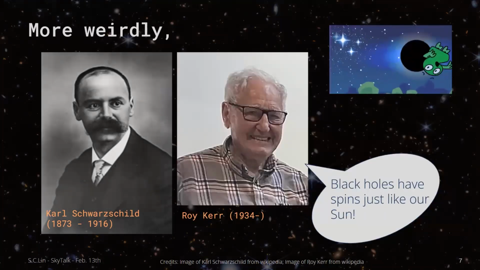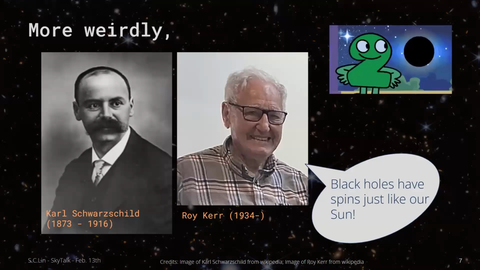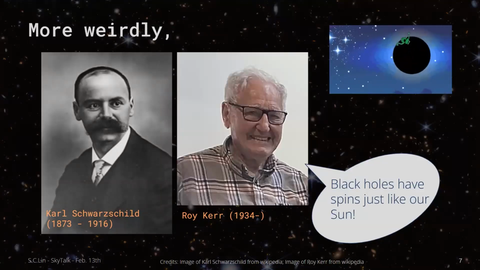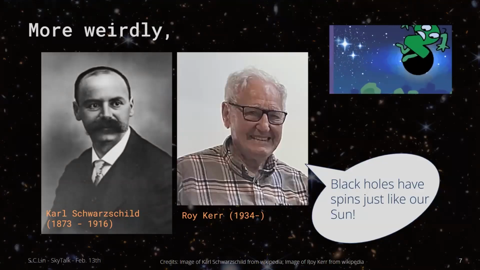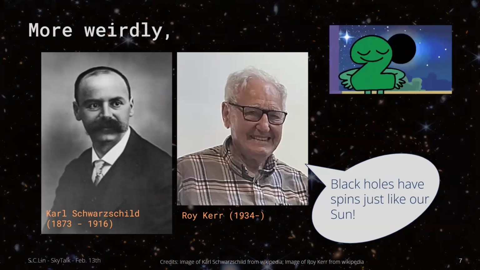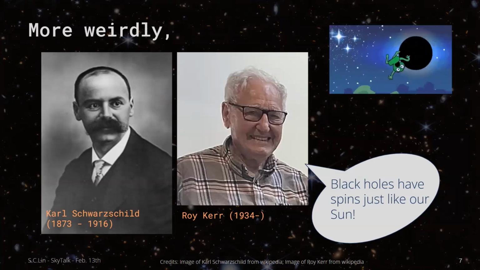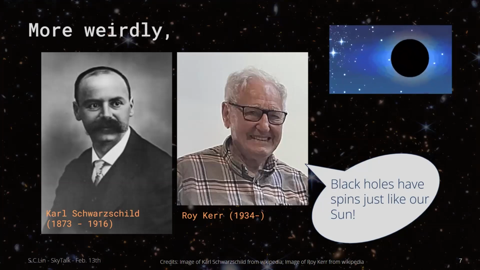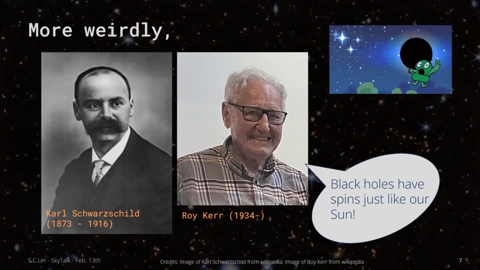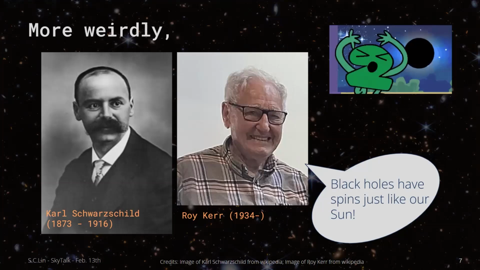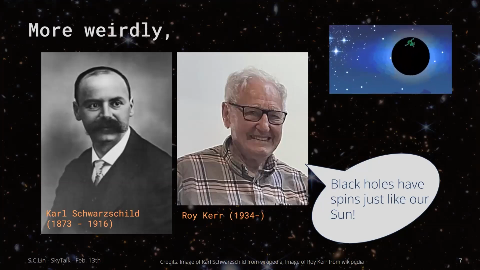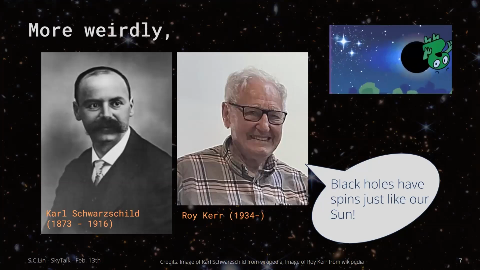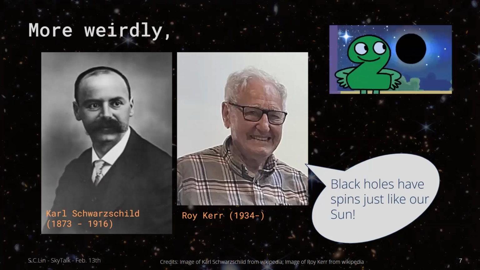Let me tell you how genius this Schwarzschild is. He came up with the very first exact solution from the Einstein field equations. It took people more than 40 years to come up with a second exact solution, which was done by Roy Kerr. He came up with a solution telling us that a black hole can actually spin, just like a star, just like our sun.